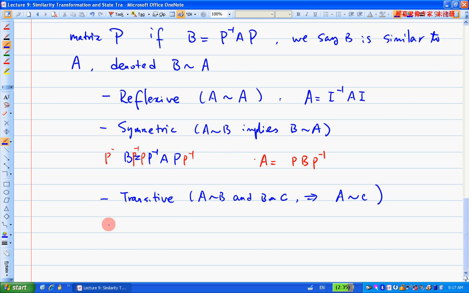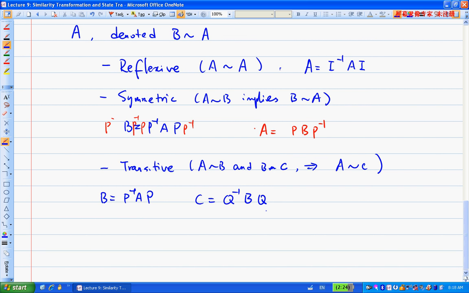It's actually quite easy to derive. Let's say B equals P inverse A P, so that means A is similar to B. B is similar to C, so C may be equal to this. Then I can substitute this B over here.